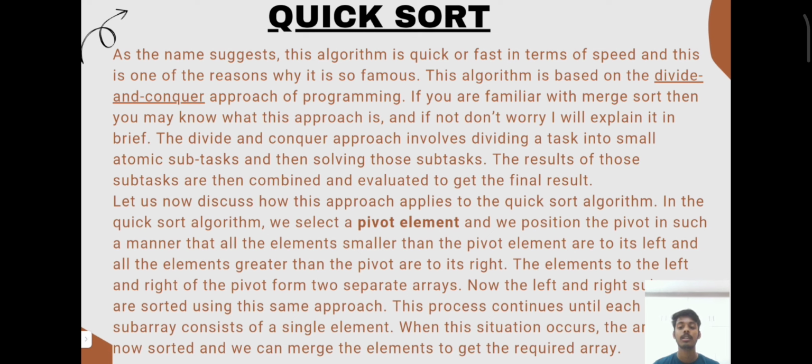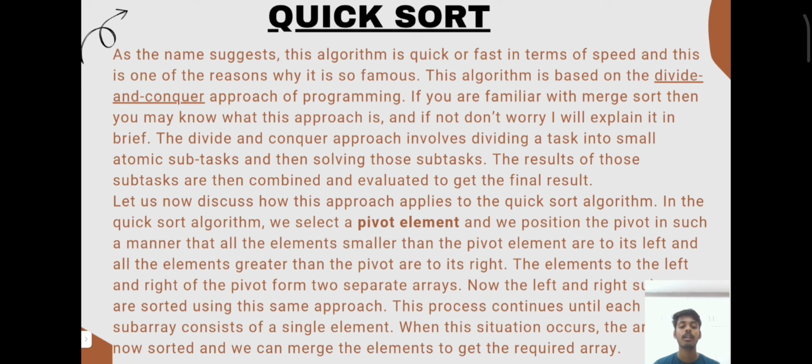Let us now discuss how the approach applies to the quicksort algorithm. In the quicksort algorithm, we select a pivot element and position the pivot in such a manner that all the elements smaller than the pivot are to its left and all the elements greater than the pivot are to its right. The elements to the left and right of the pivot form two separate arrays.